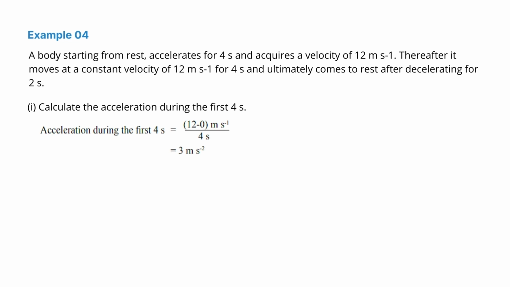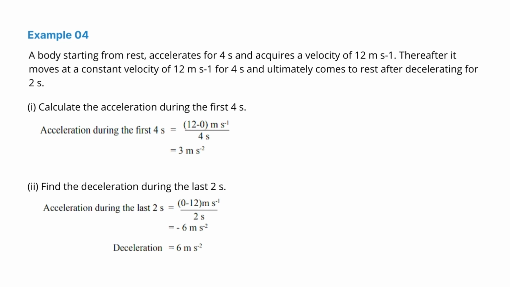Next, find the deceleration during the last 2 seconds. Here you can see that from 12 meters per second the object came to rest, but when you write the equation you have to write acceleration equals final velocity minus initial velocity, divided by time.